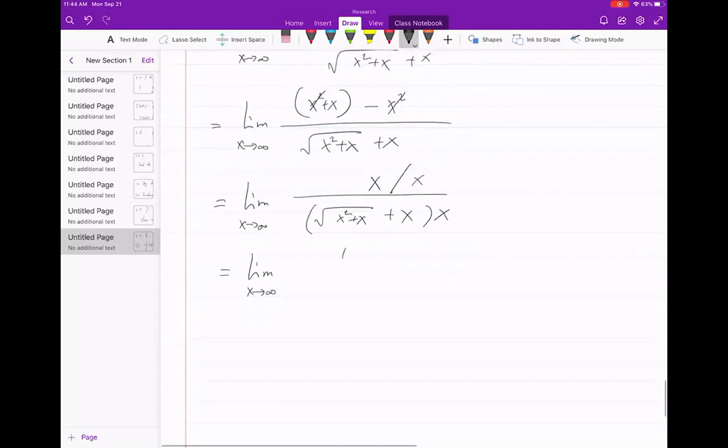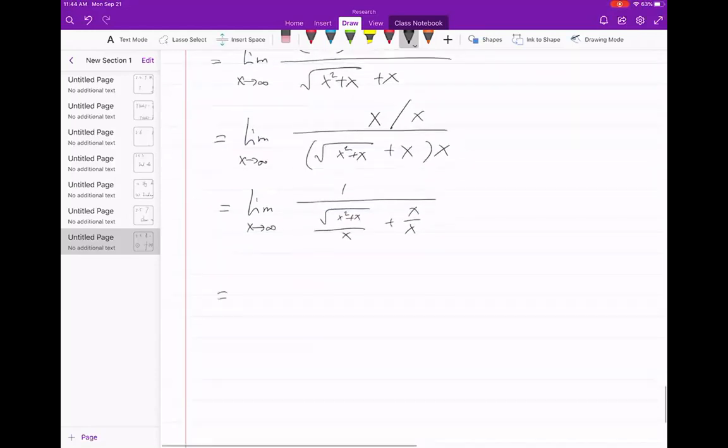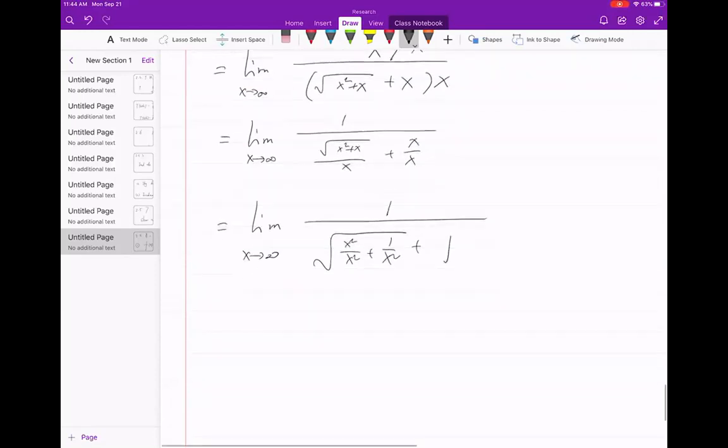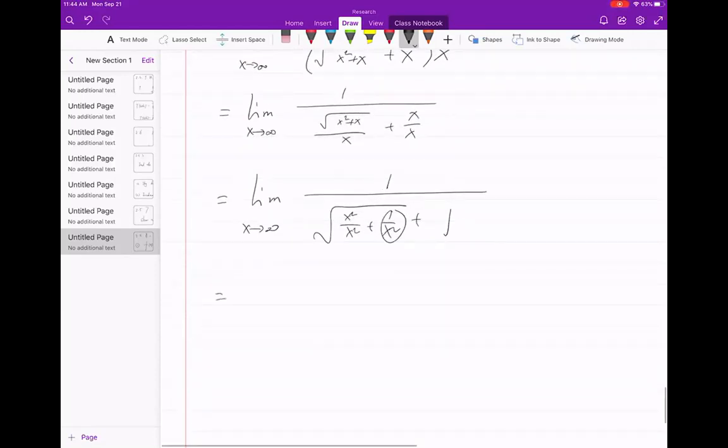We have 1 over the limit as x goes to infinity of 1 plus 1 over x, squared over x squared plus x over x squared, which is 1 over x. This is 0, so that gives us 1 over 1 plus 1.